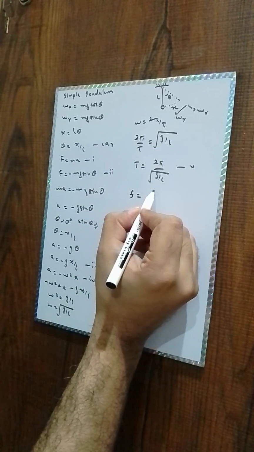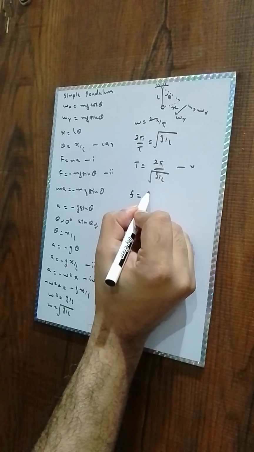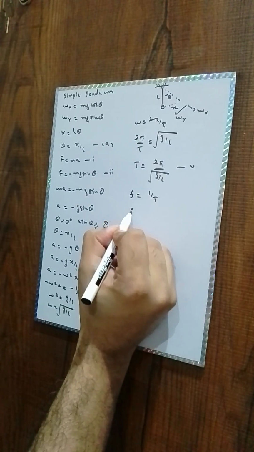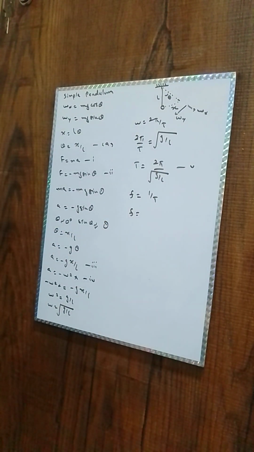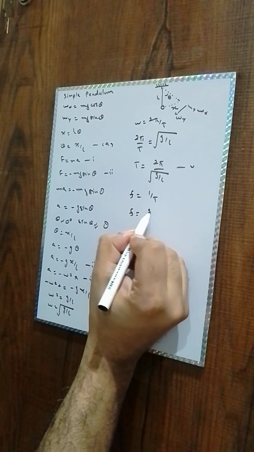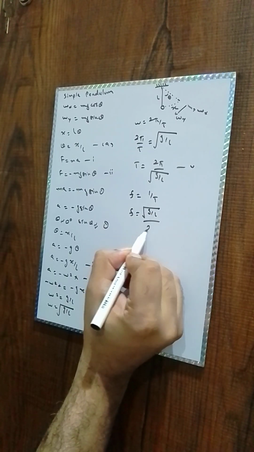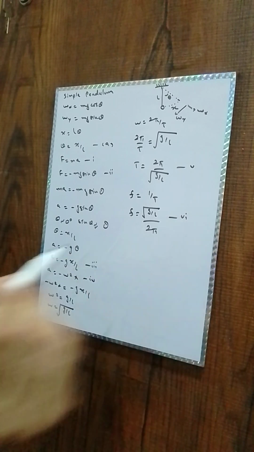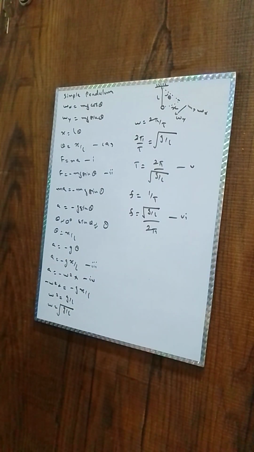So we call it 5, and f would be the reciprocal of T, and f would be g by L under the root by 2 pi. I'm not wrong, and this is understandable also for beginners.